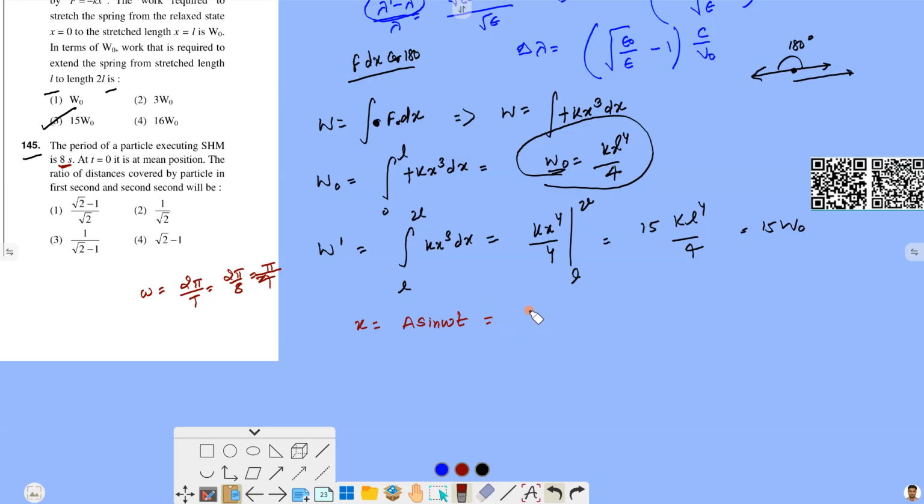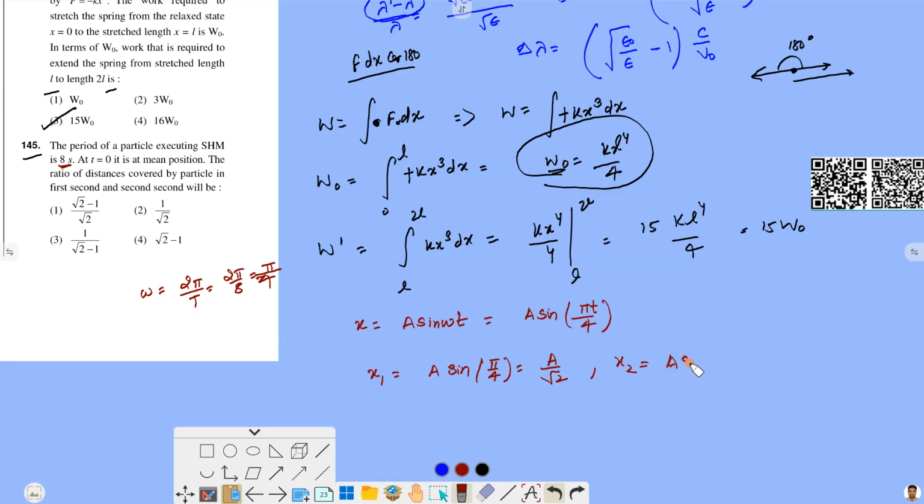So this will become a sine of pi t divided by 4. Now x1 is the displacement in the first second, so x1 will be equal to a sine pi by 4, and that is equal to a by root 2. Now x2 is the displacement from the mean up to time t equal to 2 seconds.